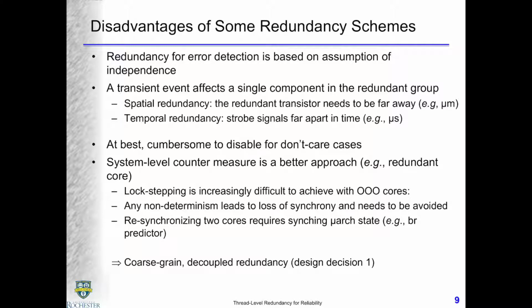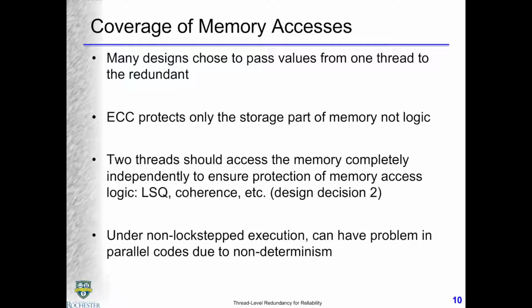So that's one desire. The second desire is we don't want to use this commonly used notion, which is a wrong notion, that because there's non-determinism, if I execute two parallel codes, I may not get thread-to-thread comparability.